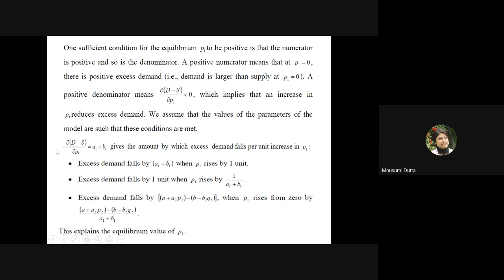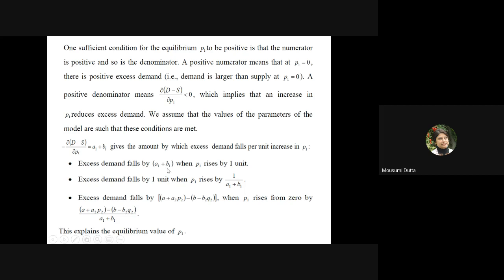Now, this minus of this is specifically indicating the amount by which excess demand falls per unit increase in price. Thus, we can say that excess demand falls by A1 plus B1 when P1 rises by 1 unit. Thus, excess demand falls by 1 unit when P1 rises by 1 by (A1 plus B1) units.